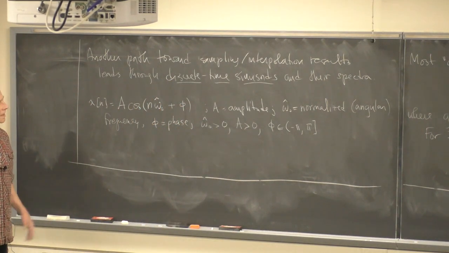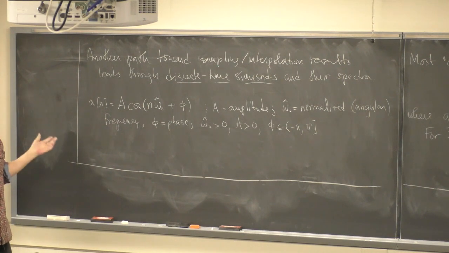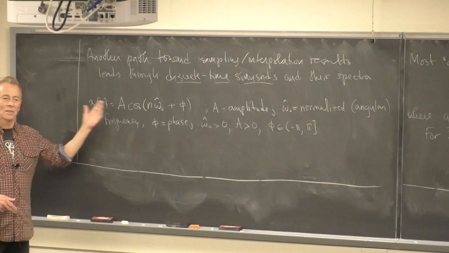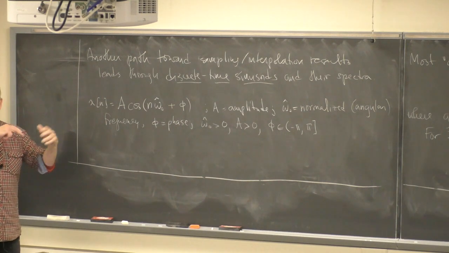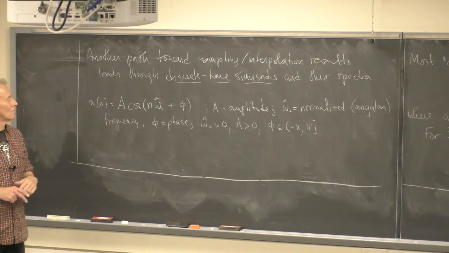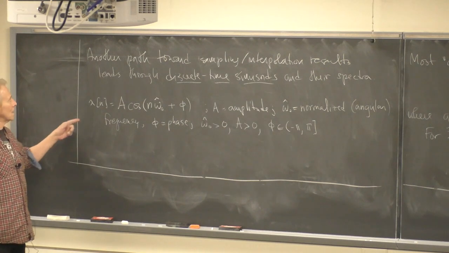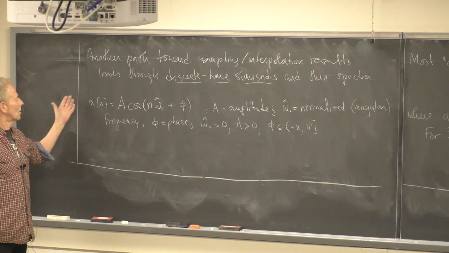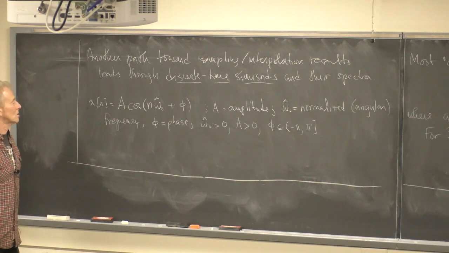All right. Now, this definition, so to speak, of a discrete time sinusoid just sort of takes a continuous time sinusoid and plugs in a discrete time variable where the continuous time variable is. And so you might think, OK, this must have come from sampling a continuous time sinusoid. But that's not necessarily the case. Sometimes you just stumble on a discrete time sinusoid. You don't generate it by sampling a continuous time sinusoid.